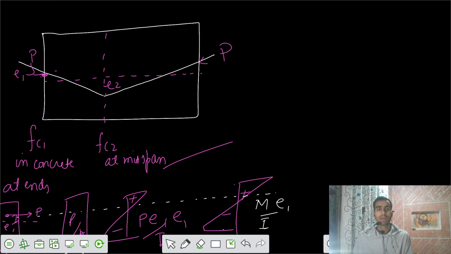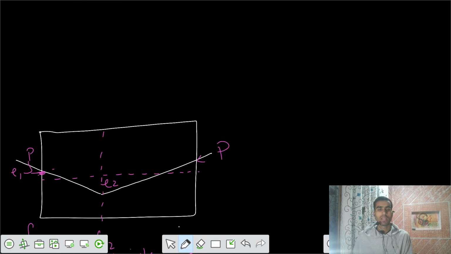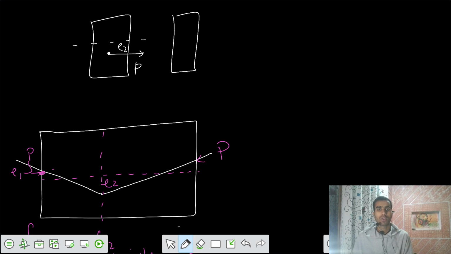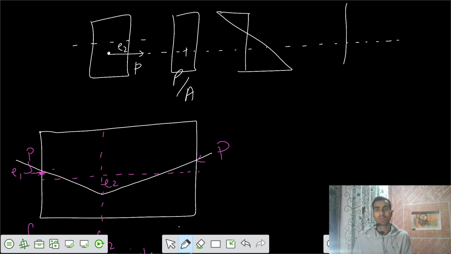Similarly, for FC2 we have to calculate at the location of the steel tendon at midspan. At midspan we have some eccentricity E2 for the load P. So our stresses would be P by A, and one more, top tensile, bottom compressive, at the level of steel wires.